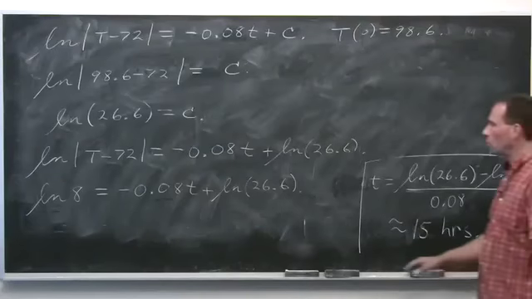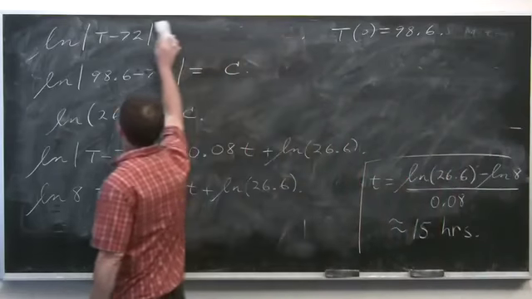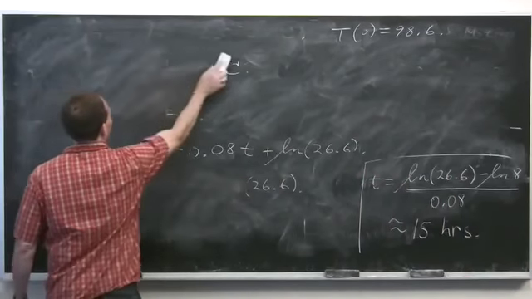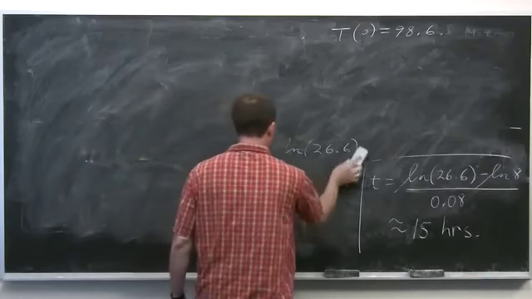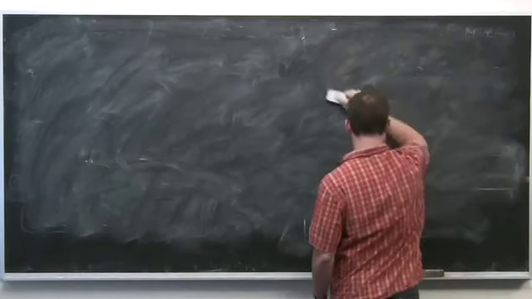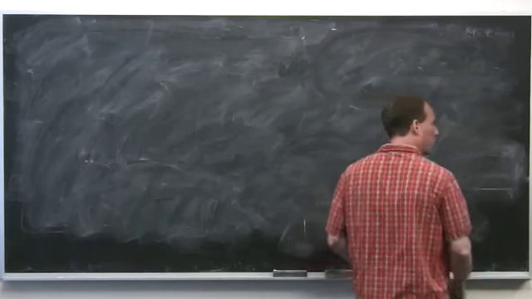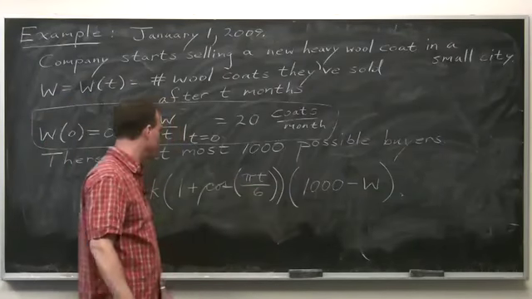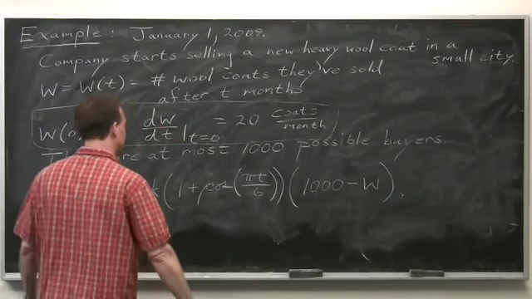Okay, so we'd like to solve this. Well, this equation is separable. Divide both sides by 1,000 minus w, multiply by dt.